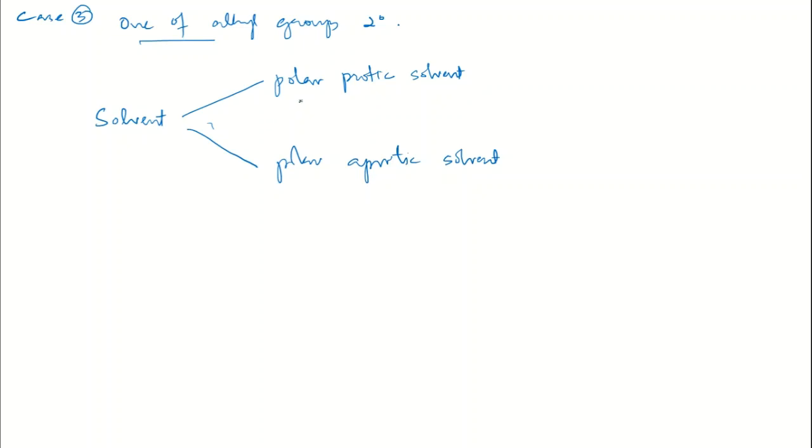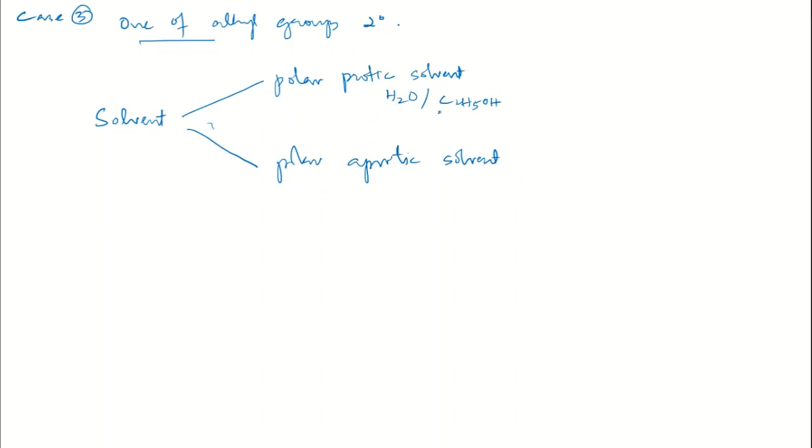In polar protic solvents we have examples. The first example is water, H2O. This is a polar protic solvent. Another example is ethanol, C2H5OH. These are two examples of protic solvents.